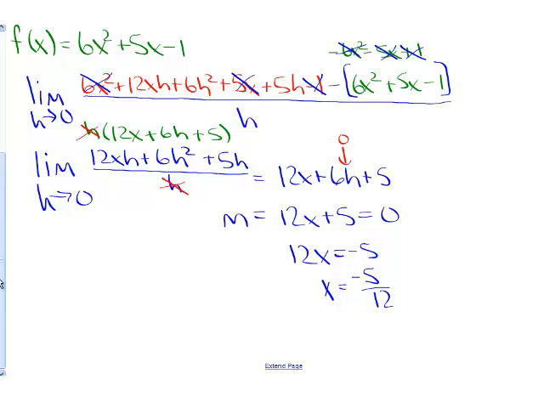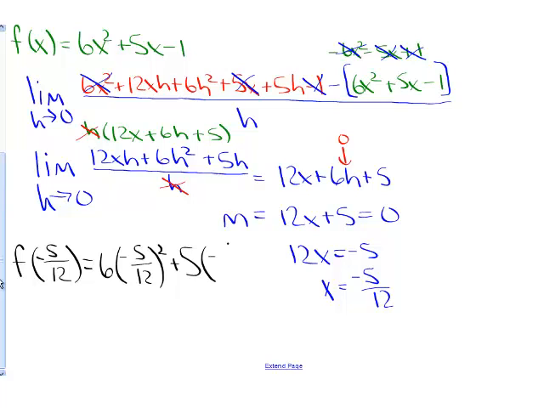And if I know what x is, can I find my y value? The matching y value? This particular problem is a slight skosh on the nasty side. But all I would do is I would do my function at negative 5/12. So that would be 6 times negative 5/12 squared plus 5 times negative 5/12 minus 1.